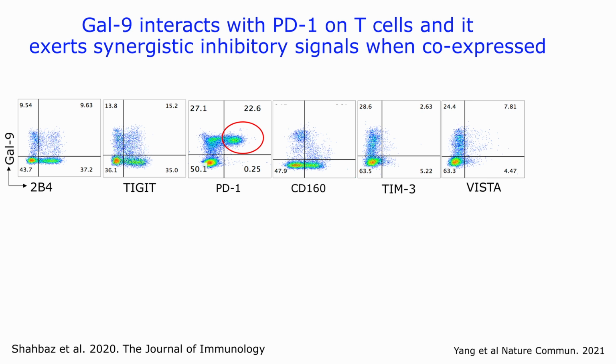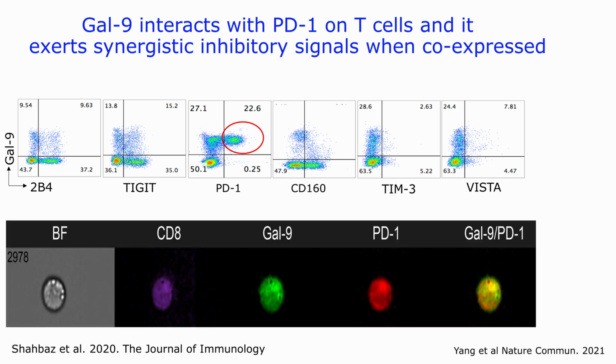This was kind of interesting. So there are lots of things that can be done in the future. You see that these are all inhibitory molecules on the surface of T cells. But what was fascinating is that all the PD-1 positive were galectin positive. We did imaging and saw that there is some co-expression, but we didn't dig into it further.